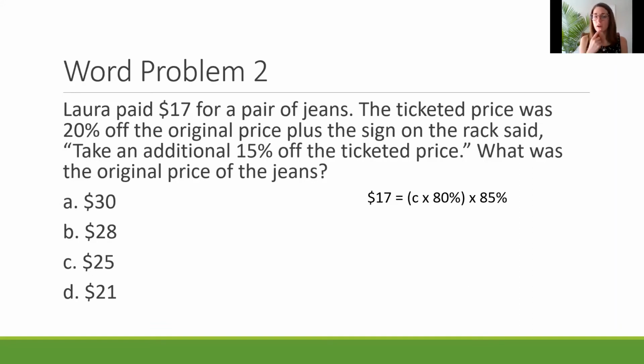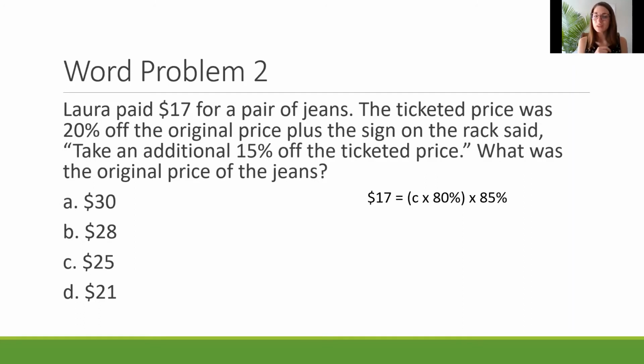So I saw, okay, it was 20% off or 20% less than the original price. So I said, well, why don't I do the reverse then? And I'll multiply this by the amount that she did pay, which was 80% of that cost, right? She had 20% off, which means that she ended up paying just 80% of the original cost, not quite the whole cost. So if I had the original cost times 80%, that would give me the ticket price.